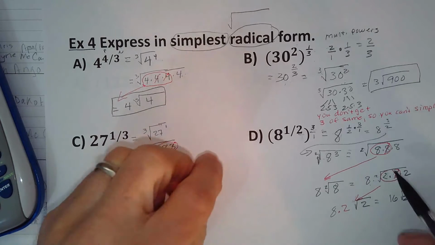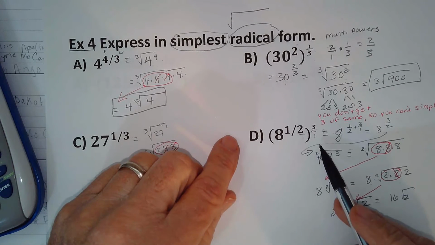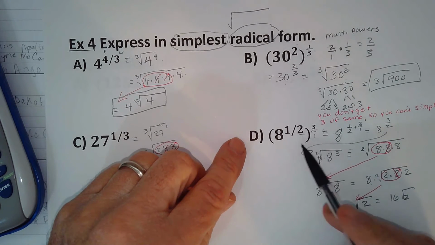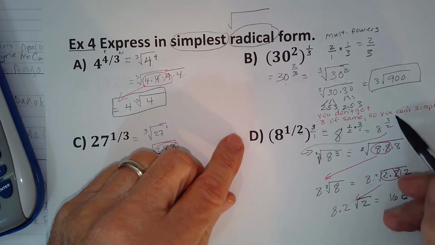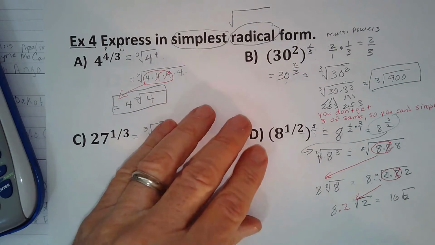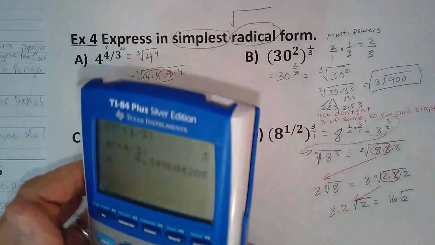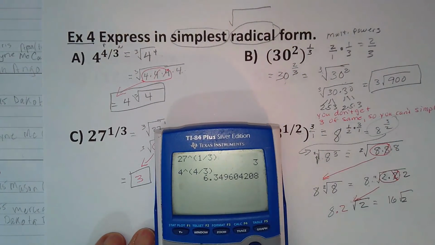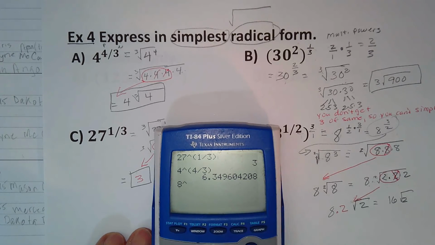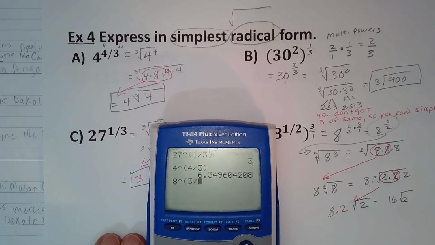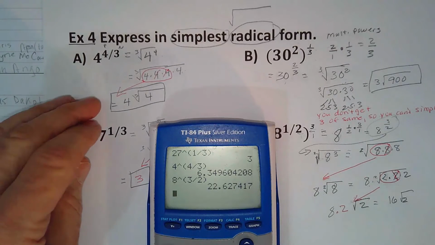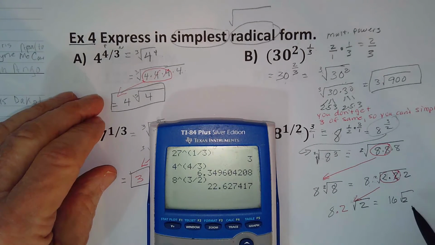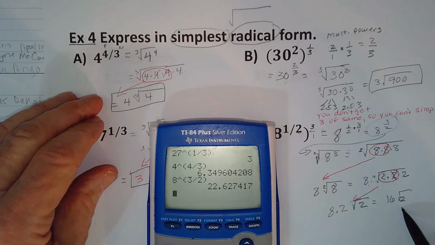Now, if you were to take this and put it into a calculator, 8 to the 3/2. If we were to put that into a calculator, what would we get? Let's find out. So I'm going to take 8 caret parentheses 3 divided by 2 in parentheses, and I get this 22.627417. But I want to use it as a check to see if this simplified answer down here is correct.